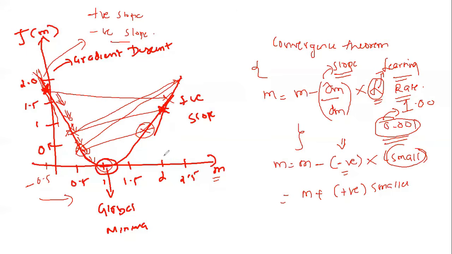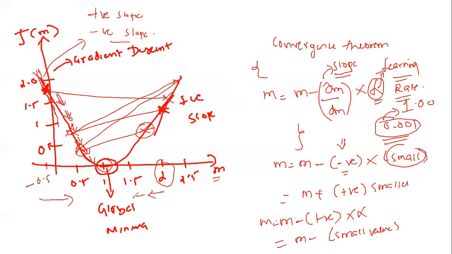The derivative of a positive slope will be a positive value. Then I multiply it with my learning rate, which gives m minus some smaller value. Suppose my m value was 2 and I have to reach 1. It will subtract a smaller value and move in this direction.